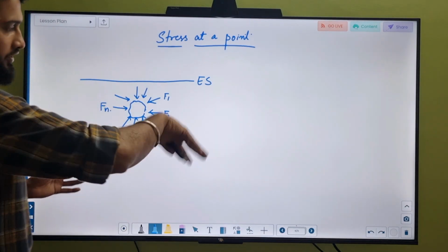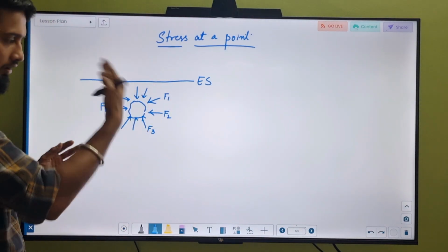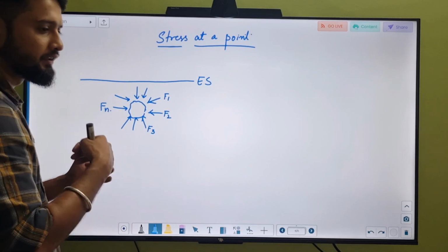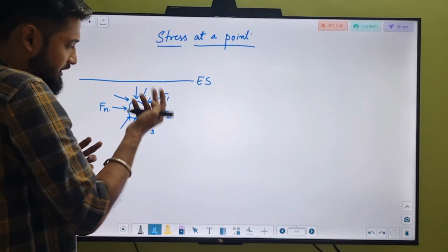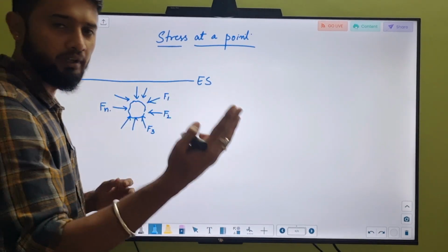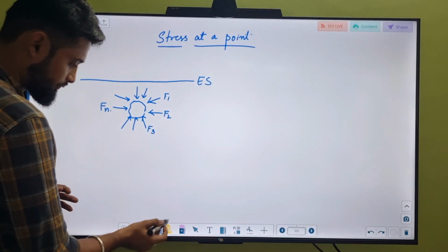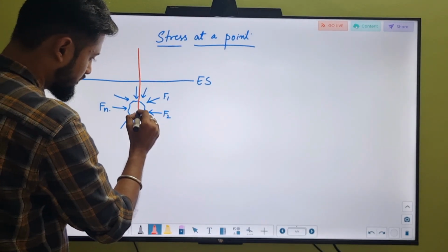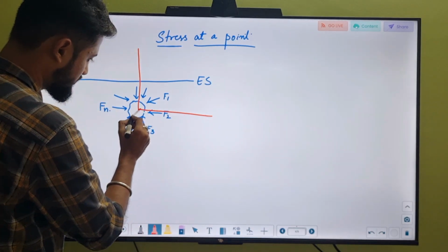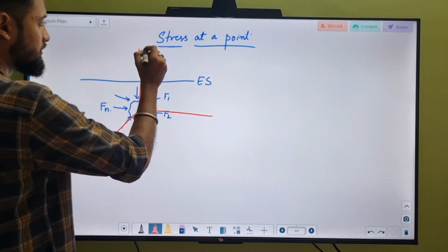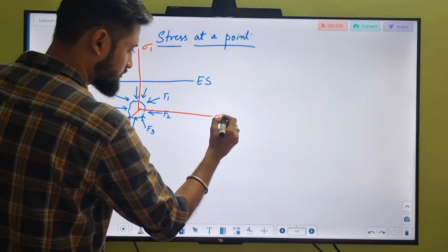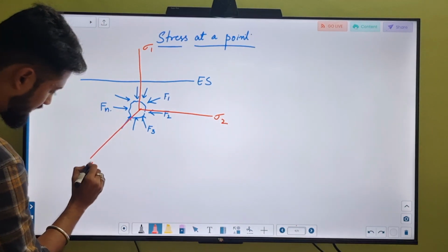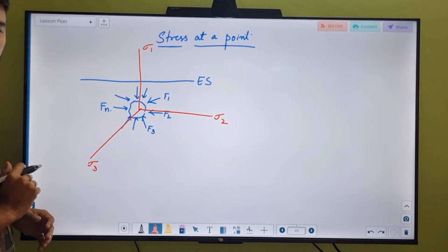These forces are combined and resolved to form three major stresses on three major stress planes: sigma 1, sigma 2 and sigma 3.